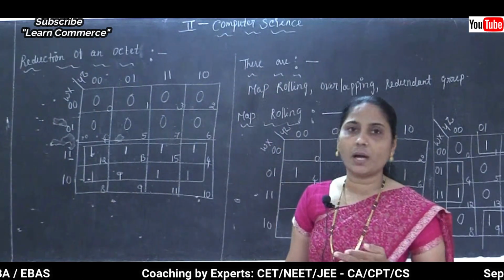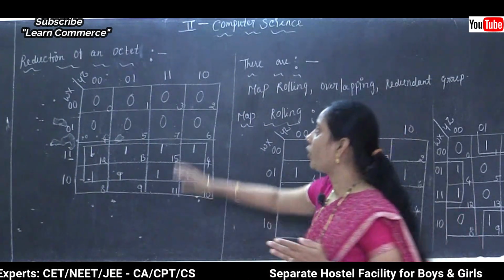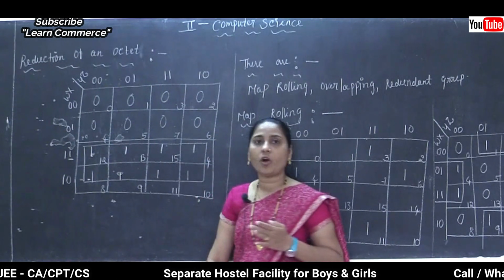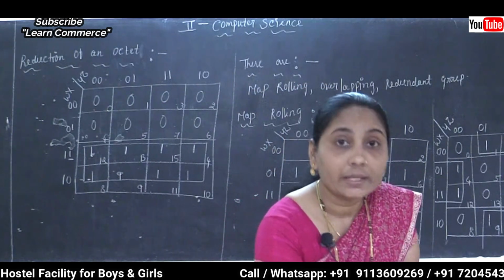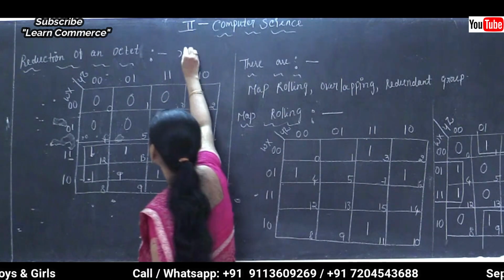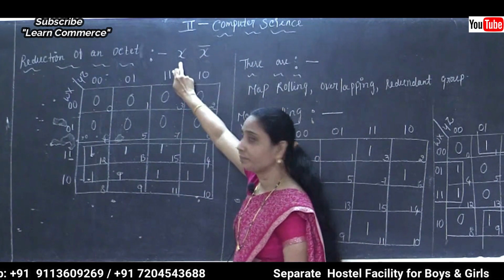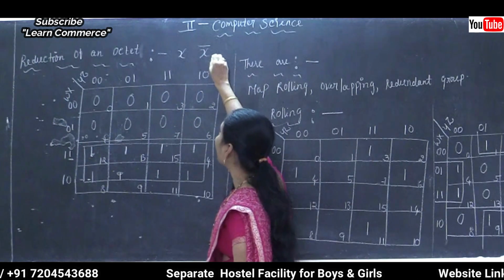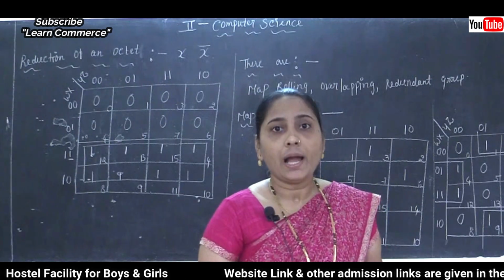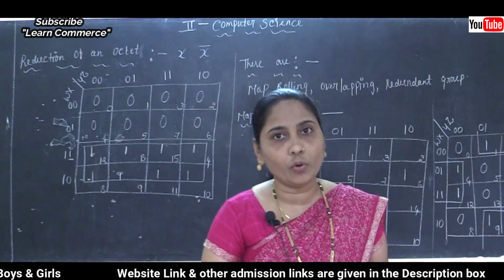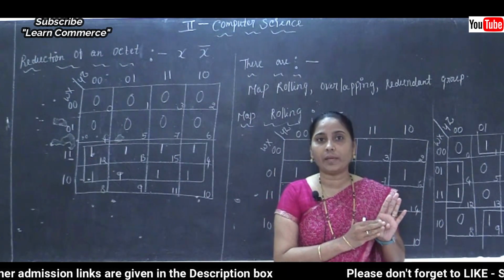The third concept, the reduction of an octet, also removes the variable which changes its state, from complemented to uncomplemented, or vice versa, from uncomplemented to complemented. And we know that the octet removes 3 variables only.